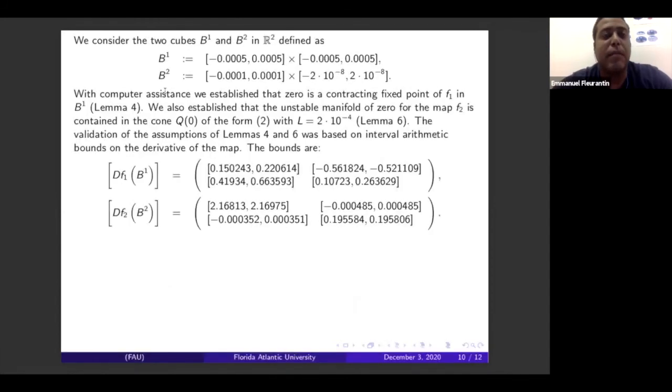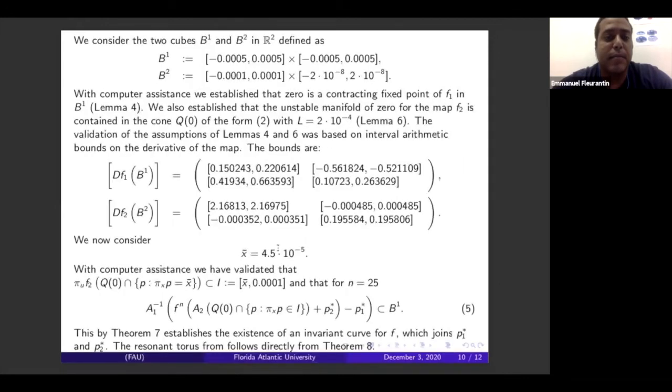Okay, so we pick B1 and B2 to be those enclosures, and the choice of B1 is because we need to establish bounds on DF1 and DF2, and we use those bounds to validate cone conditions. So picking our L to be 2 times 10 to the negative 4, and then finally picking X bar to be this value, we validated that the unstable F2 maps I to itself.